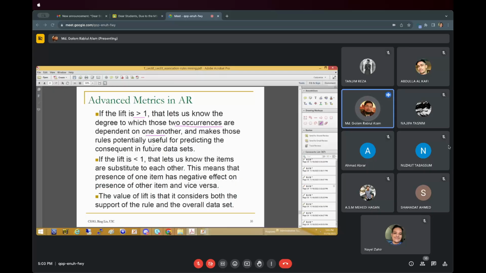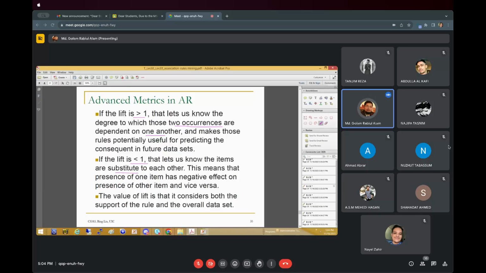Another thing we can derive is if lift is less than one, then we can say those items are substitute items. That means one item can replace another, or we should not put those items together because it has a negative impact.